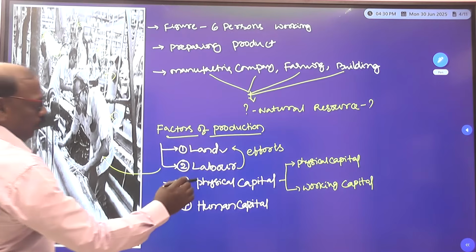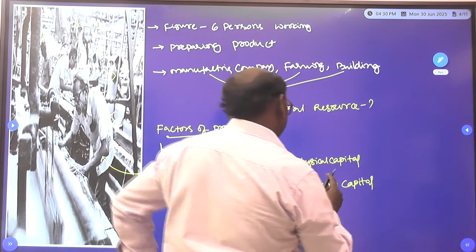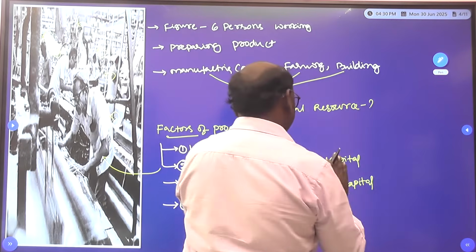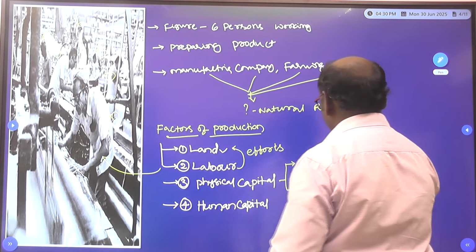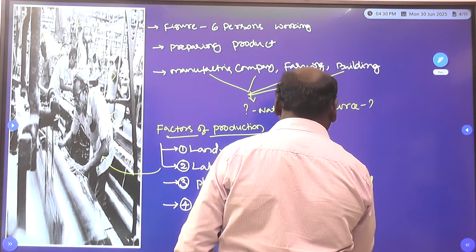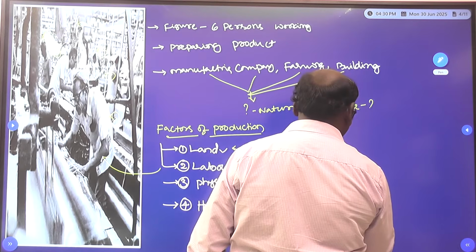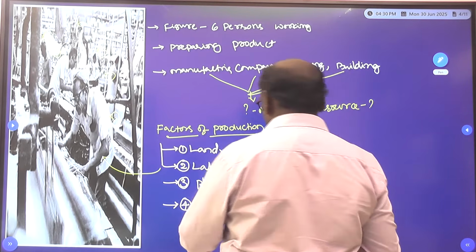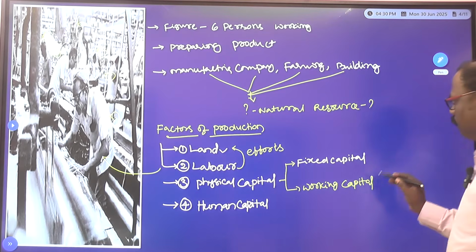Next, we require capital. That capital is in the form of what? Physical capital. This is fixed capital. Sorry, I forgot to mention, this is fixed capital. So physical capital has been split into fixed capital and working capital.